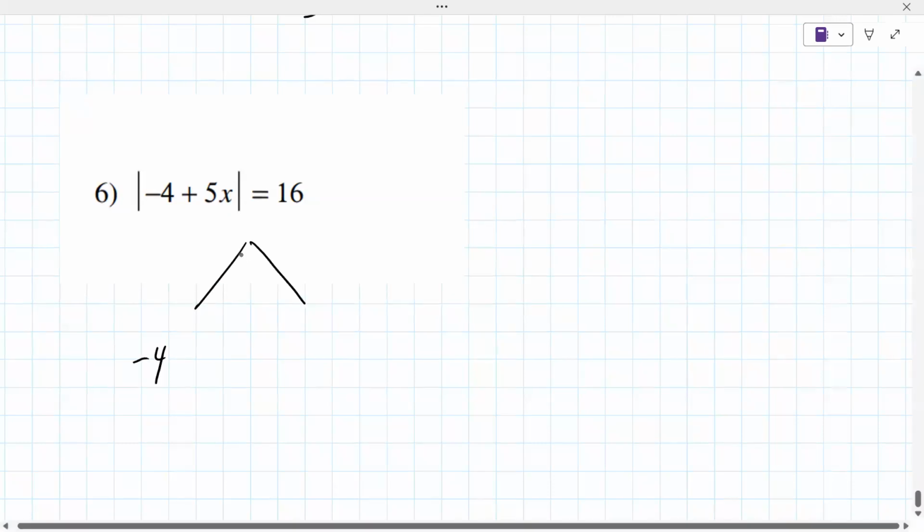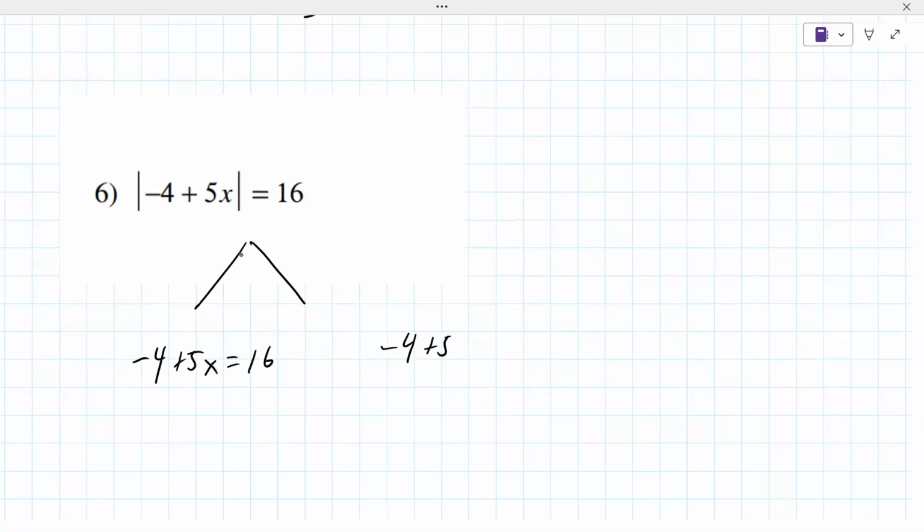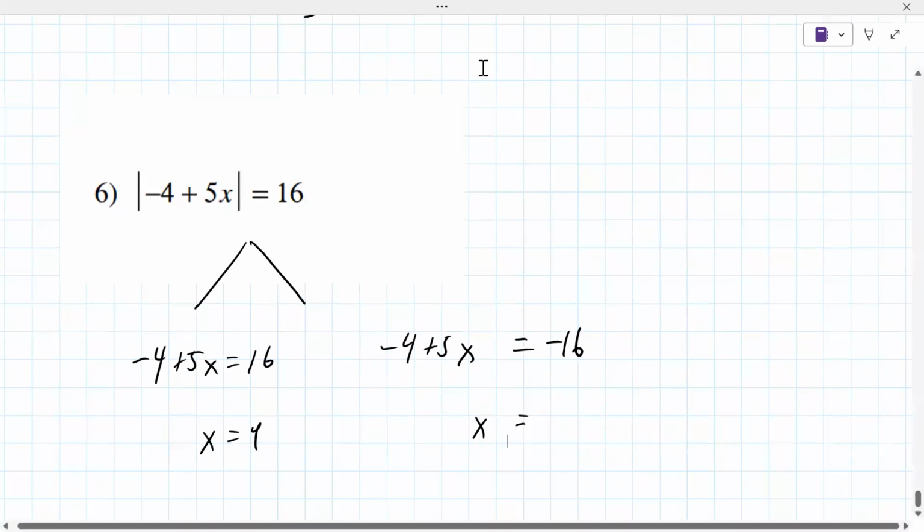You keep exactly what's inside the absolute value, and then negate it. And then you only negate the thing on the right. And then x equals 4 and x equals 12 fifths. Nope, try again.